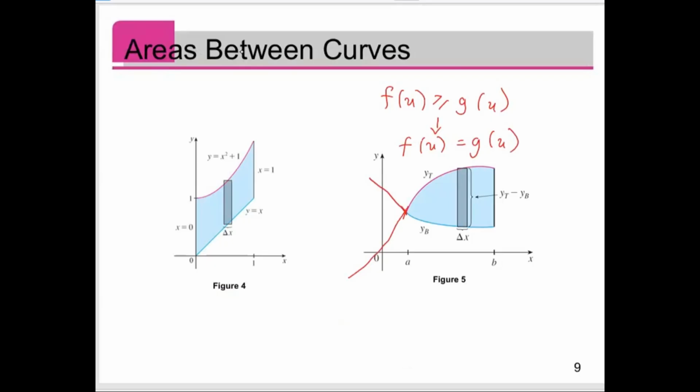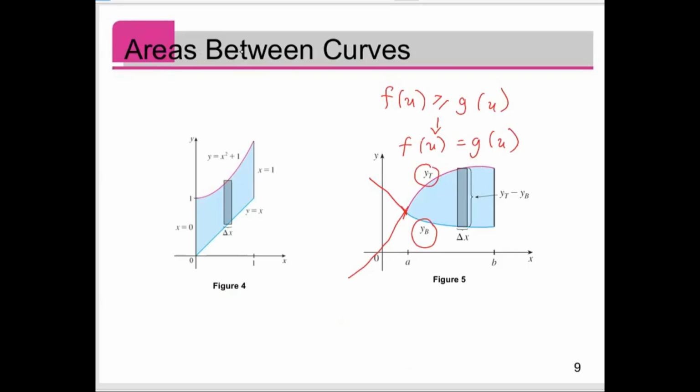So we can have this possible case, and if in this case a is not given, you have to find the point of intersection between f(x) and g(x). We consider the yT here, actually denoted as y top, y bottom, right? So you have to find the point of intersection first before you can use the a.